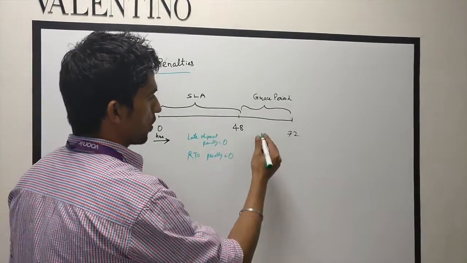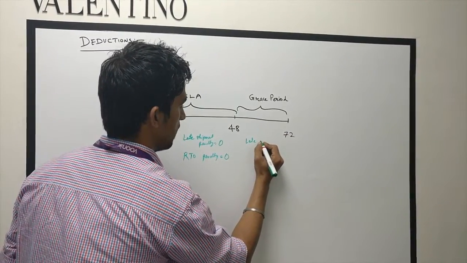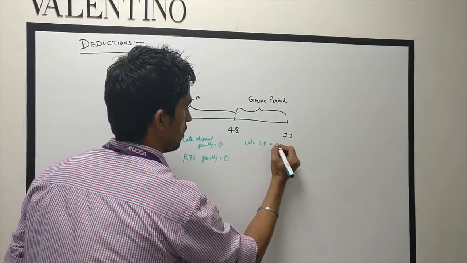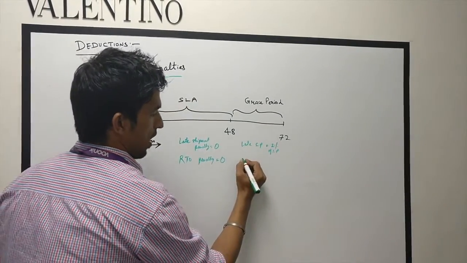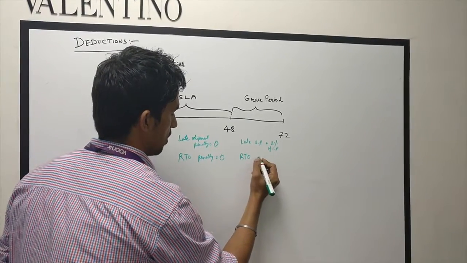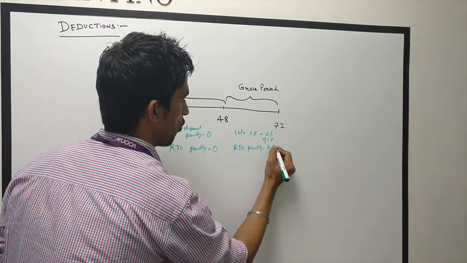However, if product was shipped within the grace period, then it will attract a late shipment penalty of 2% of the selling price. And if the product gets RTO'd, then there will be an RTO penalty of rupees 140.